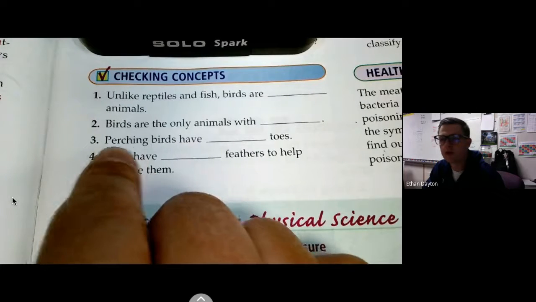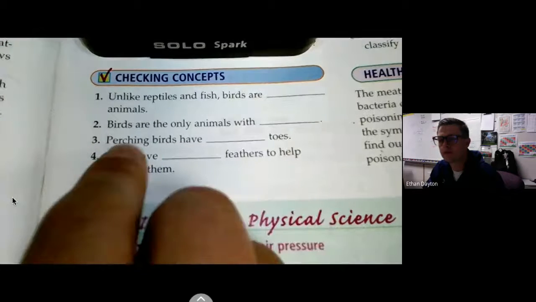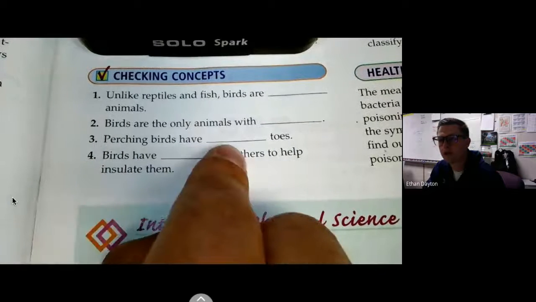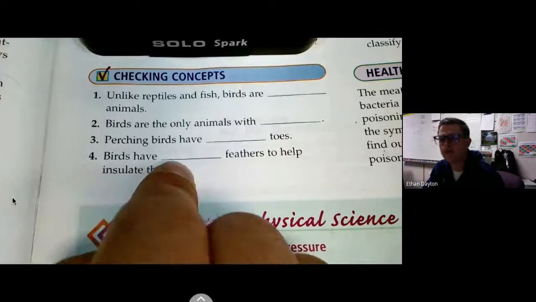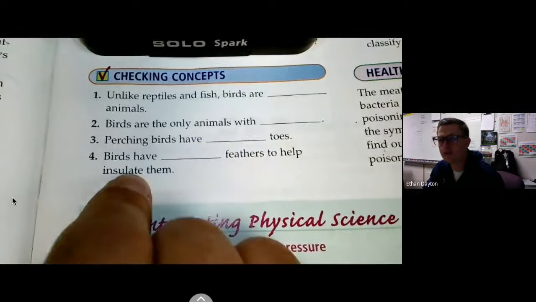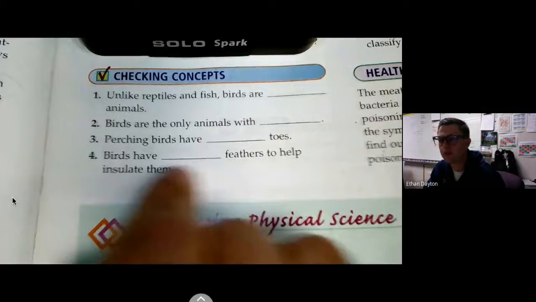Number 3, perching birds have blank toes. Number 4, birds have blank feathers to help insulate them.